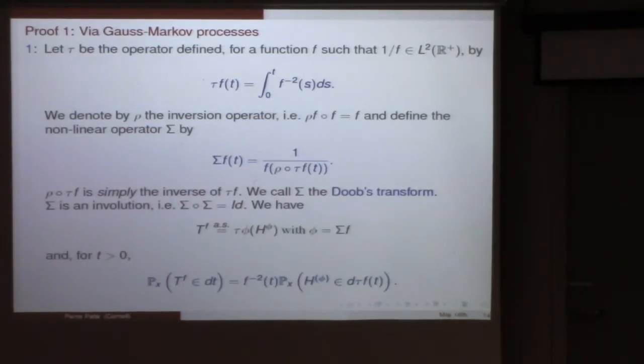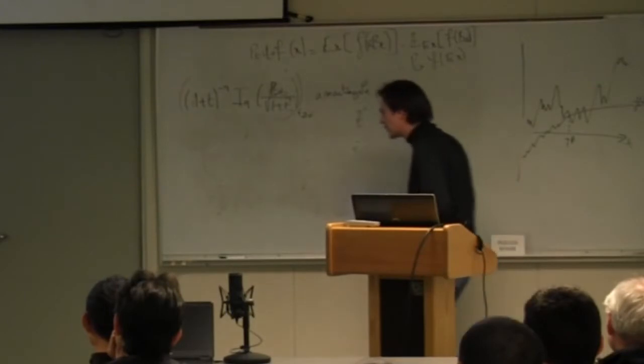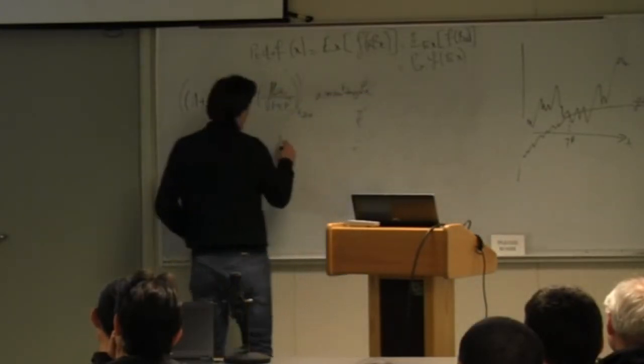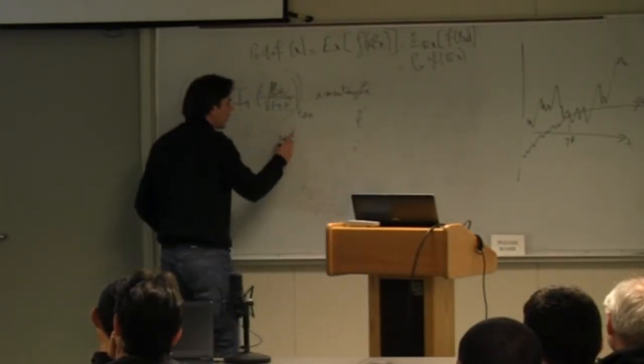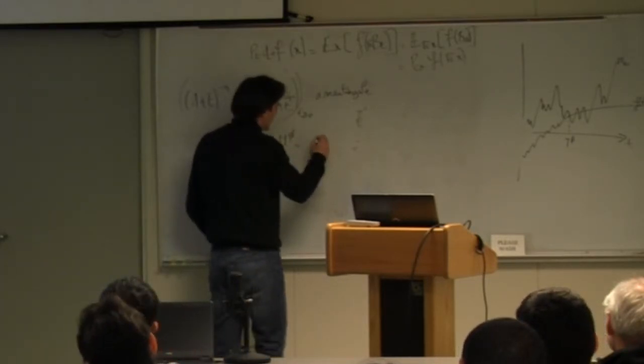So here, what I've used is just the connection. So the idea is that, if you remember, we have a connection between h phi, so the hitting time of a fixed level of this Gauss-Markov process, and tau f.